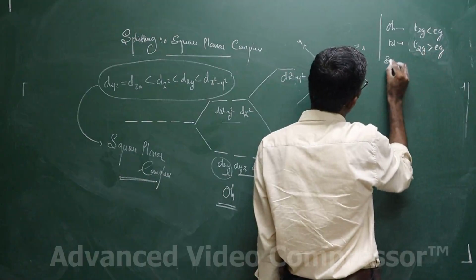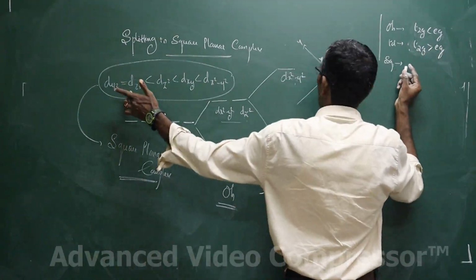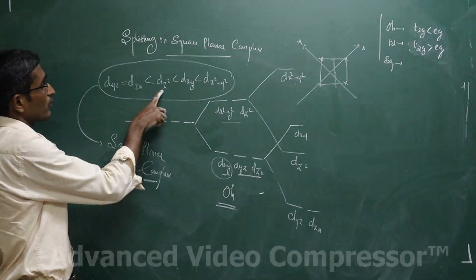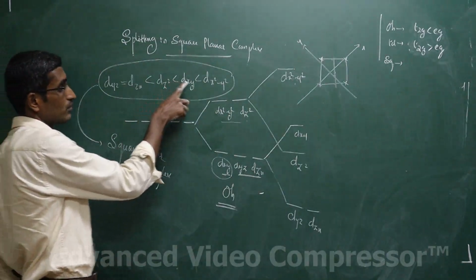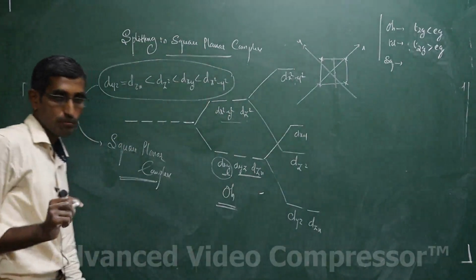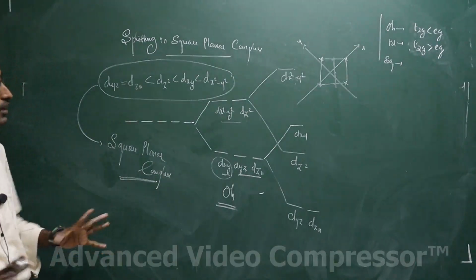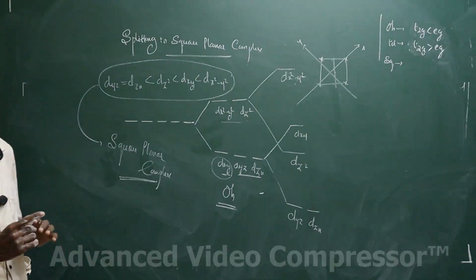In the case of square planar, this is the story. That is dyz equal to dzx, then dz square, afterwards comes dxy and dx square minus y square. Very, very significant, students. Just have an idea regarding this.